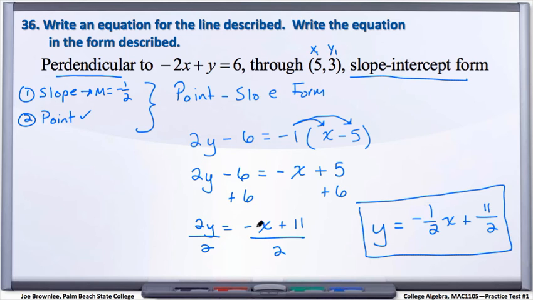So go back and double check, make sure nothing happened with signs or anything like that. Because we used -1/2 at the beginning as our slope, we would expect the slope of the line that we're finding to have that same slope. And so we do, which is kind of a quick check to make sure that everything worked out, all right? So here we have y equals -1/2 x plus 11 halves, number 36.